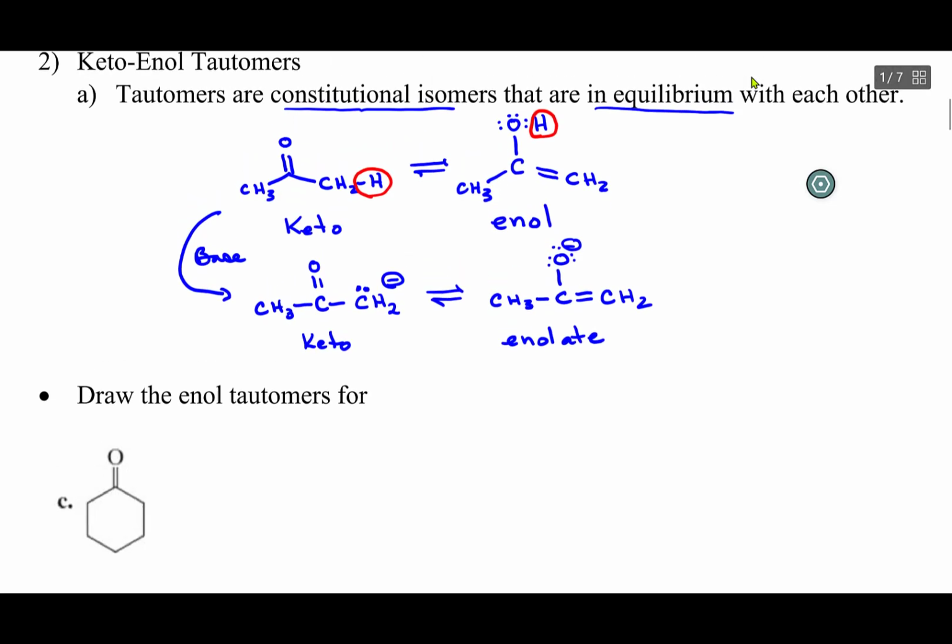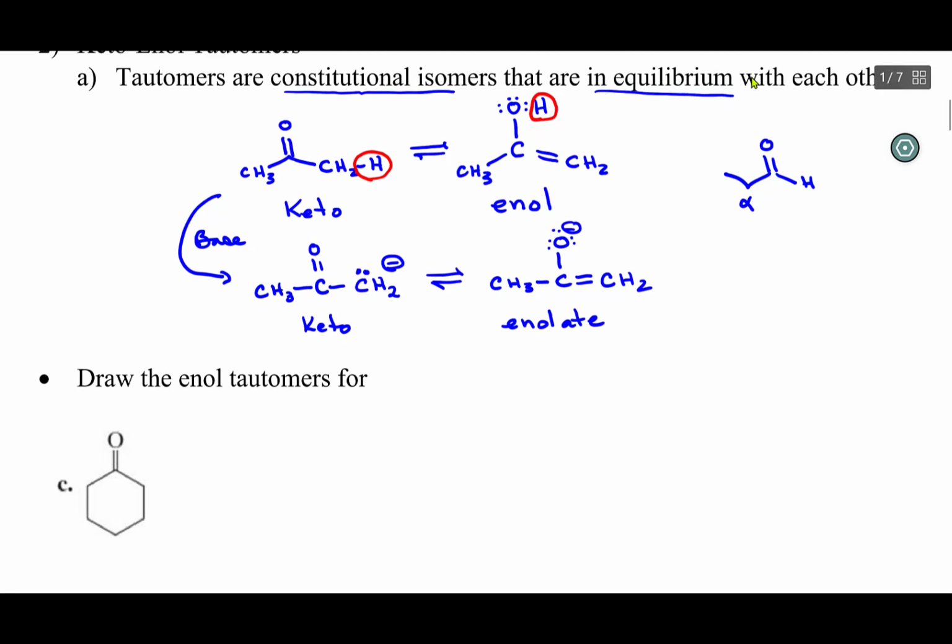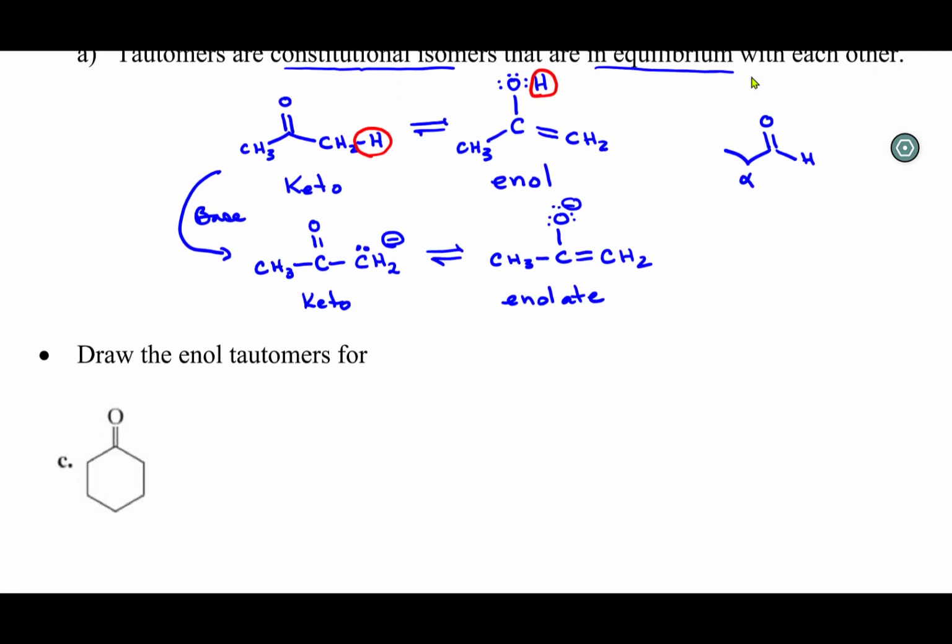So how do you identify the keto and the enol forms? It's pretty simple, actually. If you look at a ketone like this, and I'll just draw a random one here, or let's do an aldehyde, right? This is the alpha hydrogen. You can't see it, but that's where the alpha hydrogens are. That's the alpha carbon.